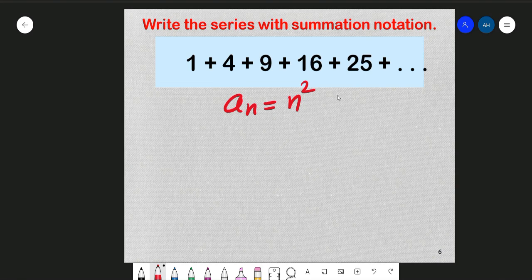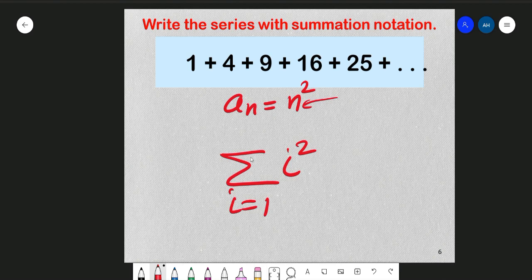Now, we just want to write it down in the form of summation notation. So we write down our sigma symbol like this. Remember, this n we are going to change to i. So we have i squared, i starting from 1.